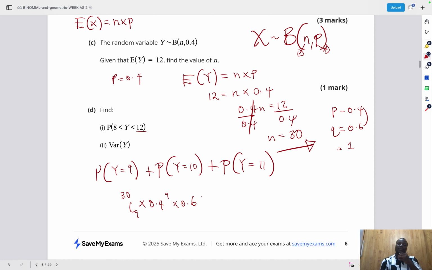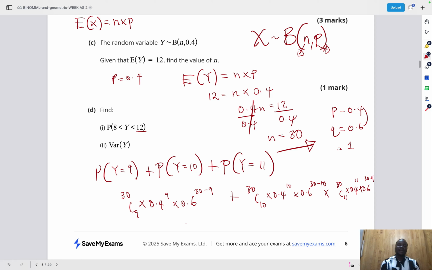So this is 0.6 to the power of 30 minus 9, plus 30 choose 10, times 0.4 to the power of 10 times 0.6 to the power of 30 minus 10, plus 30 choose 11, times 0.4 to the power of 11 times 0.6 to the power of 30 minus 11.